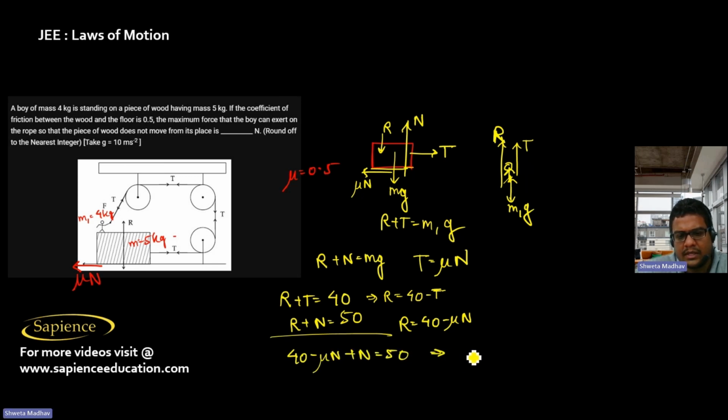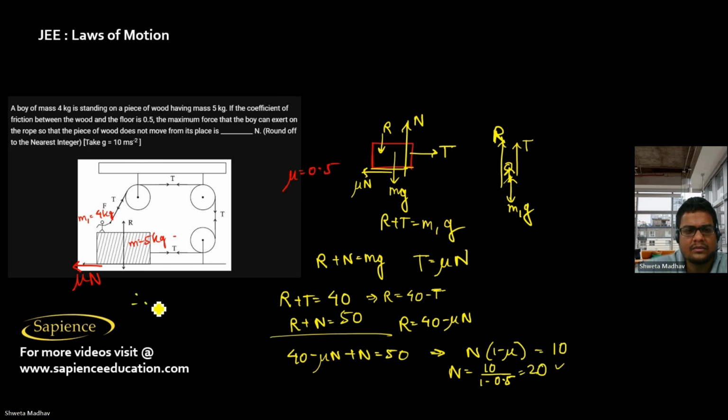Therefore I can say N into (1 minus mu) is equal to 10. Therefore the normal reaction is 10 by (1 minus 0.5), that is 0.5, so N is equal to 20. And therefore the force that he is applying on the rope, F, will be equal to T only.